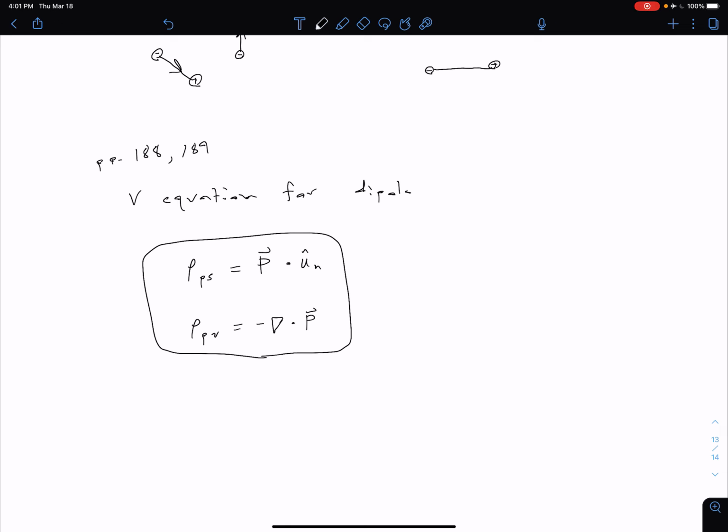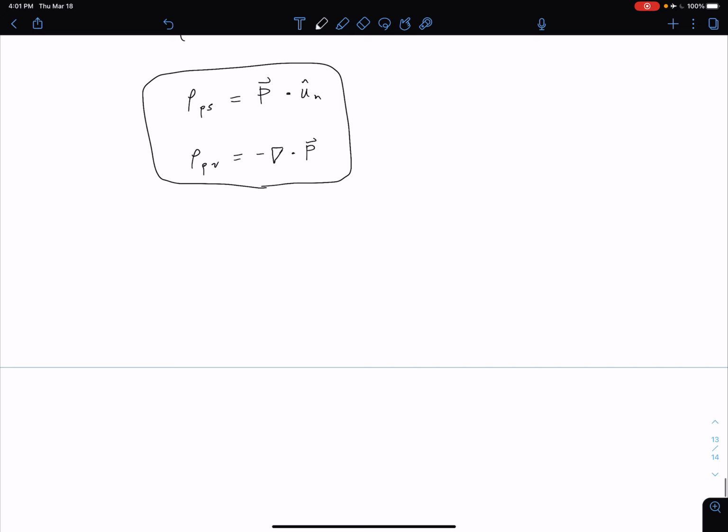Our rho sub PS is our bound surface charge density, or sometimes we'll call it our polarization surface charge density. That unit vector u sub n is just an outward normal vector to the surface.